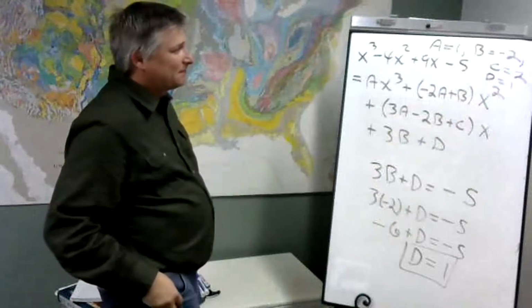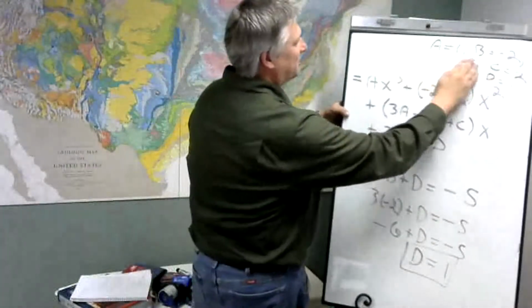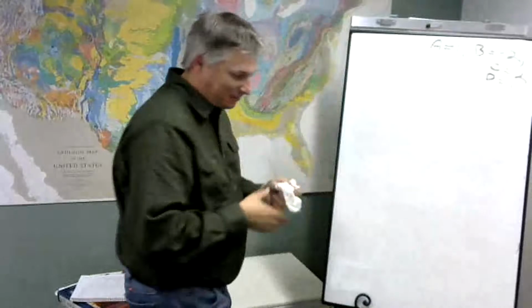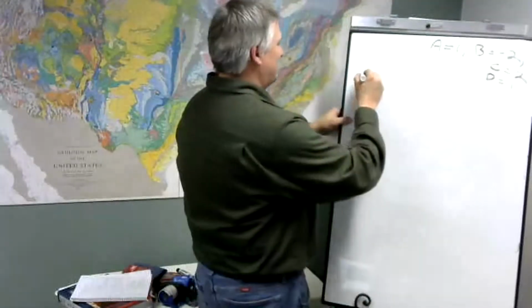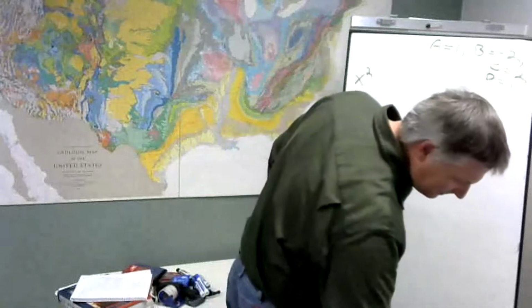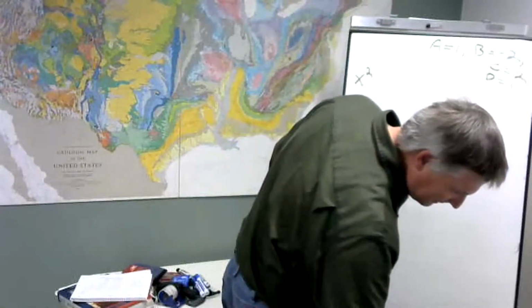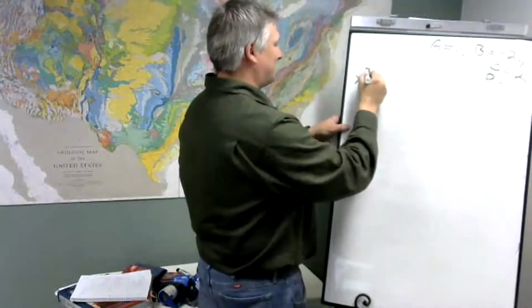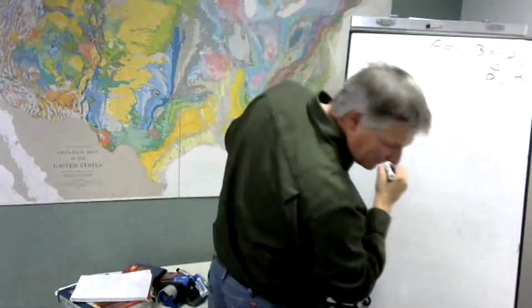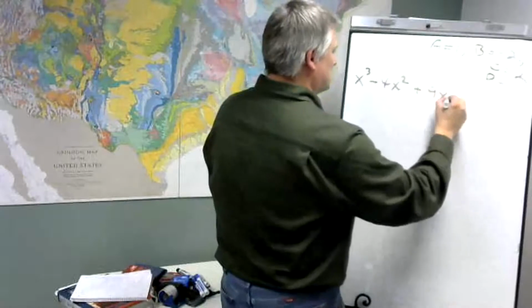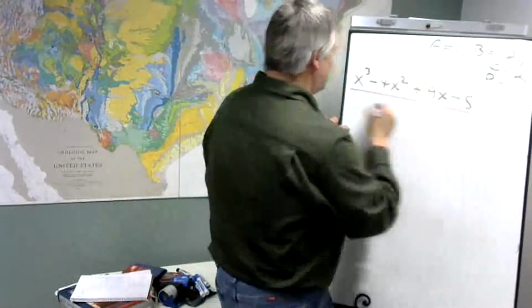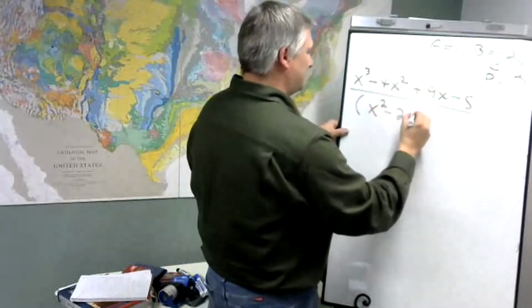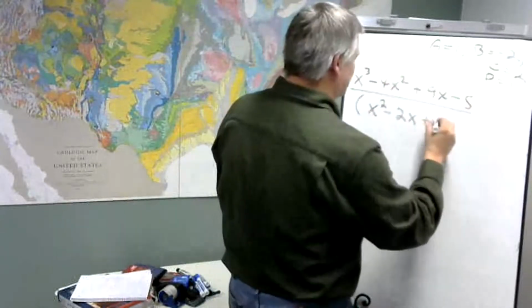So what does this say? Well, let's look at the original problem. x squared, let's see, sorry, x cubed minus 4x squared plus 9x minus 5 over x squared minus 2x plus 3 squared.